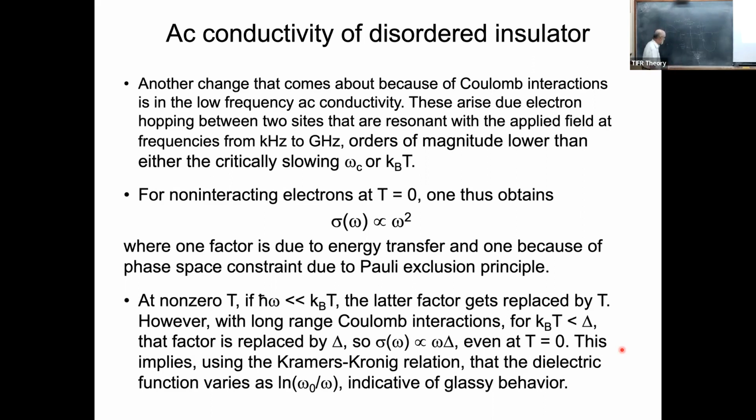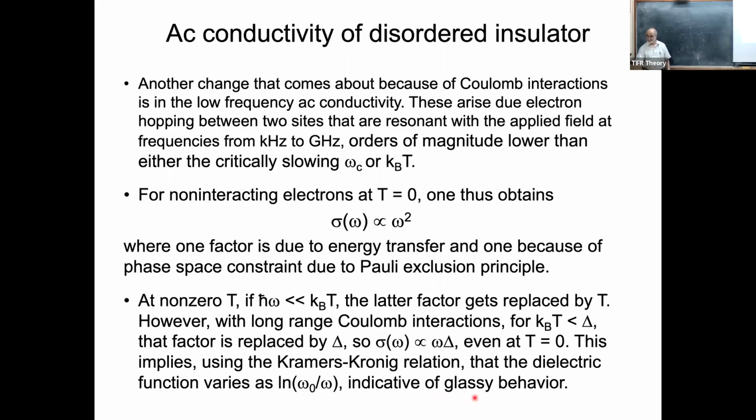So you in fact have to calculate it at finite frequency, and this goes like log, some log omega naught, which is what I've written here. You get a logarithmically divergent dielectric function at zero temperature at low frequencies, frequencies below thermal energies and Coulomb energies.